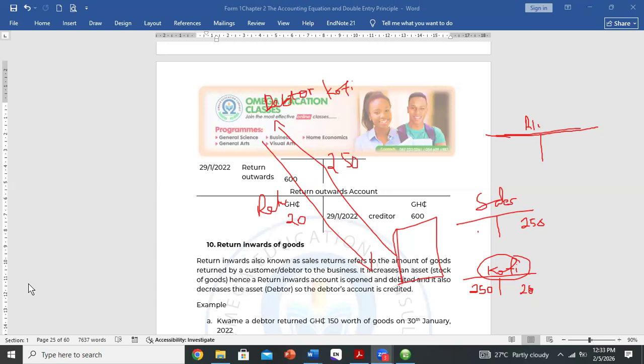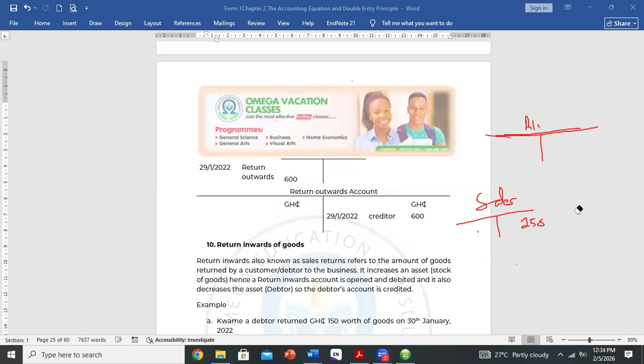Okay, great. So don't get scared, or don't run away from accounting because you said, Mr. Mo is always saying debit, credit. I don't know whether this debit and credit, they are my friends or they are not my friends. Or that it means the business I don't like. Oh, I want to go and do music. You think music is cheaper? Nothing is cheaper in this world. Everything is difficult.